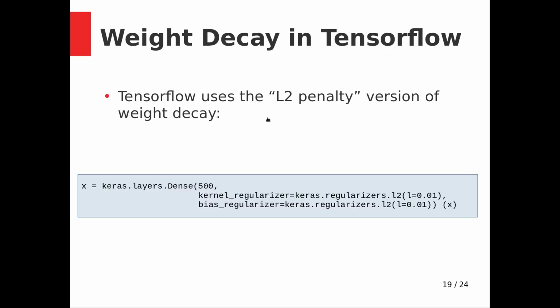So TensorFlow uses the sort of L2 penalty formalization of weight decay. You can enable it by adding these to a dense layer. So these are optional parameters to the dense layer. We have been using the default of None. You can set keras.regularizers.L2, right?